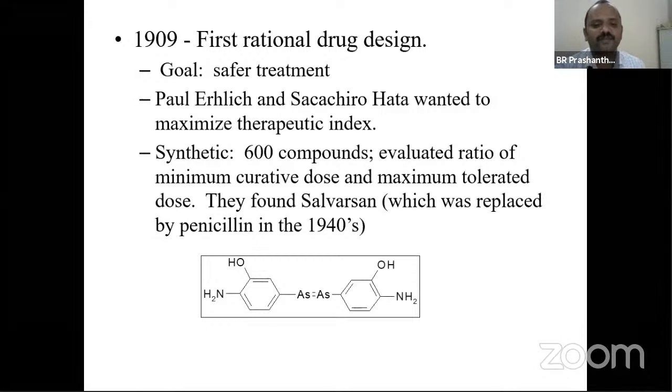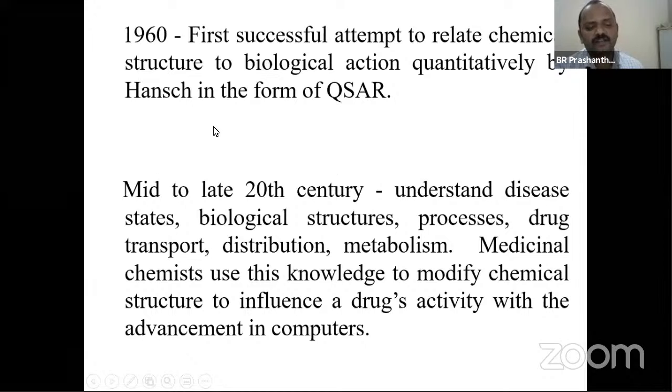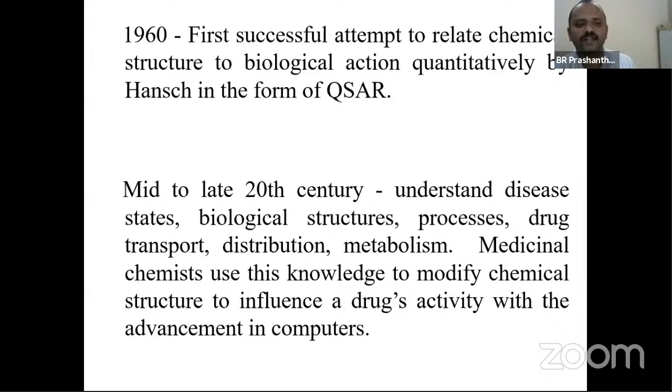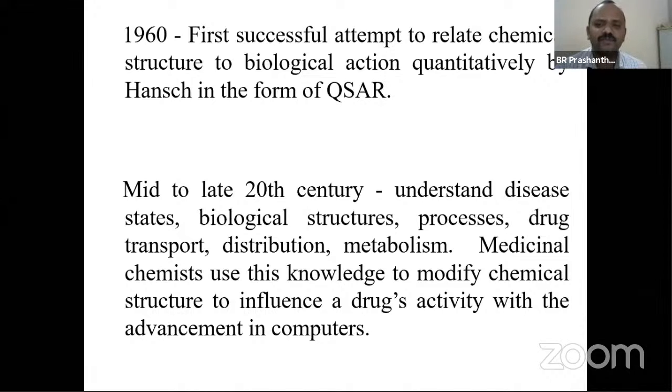Okay, so in this context, from the early 20th century to the late 20th century, the first successful attempt to relate the chemical structure to the biological action was done quantitatively by Hansch in the form of QSAR, quantitative structure activity relationships.